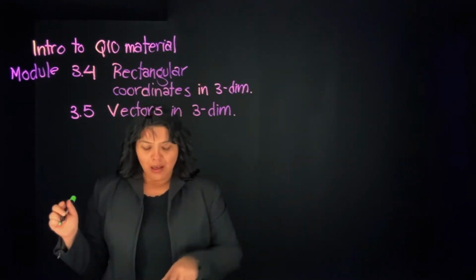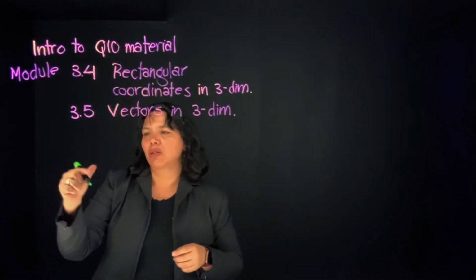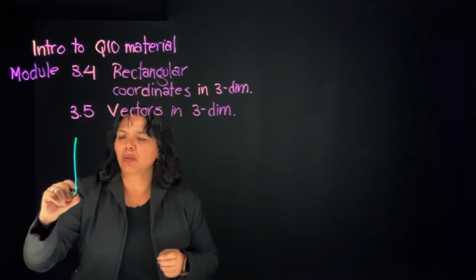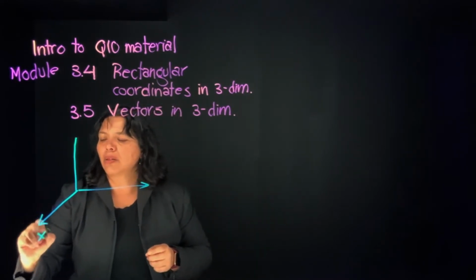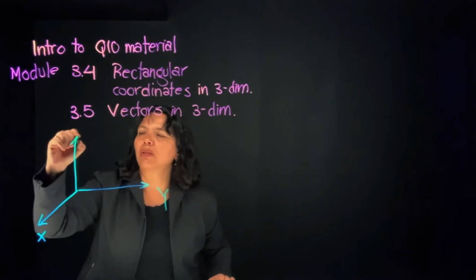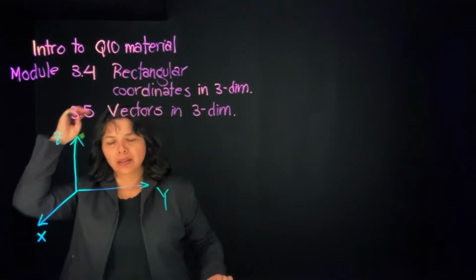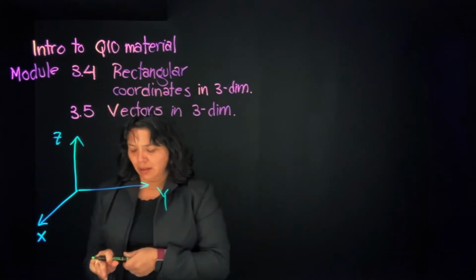So let me just tell you a little bit about graphing in 3 dimensions. Instead of R2, you are going to consider R3. One of your axes is going to be your X, the other one your Y, and the other one is going to represent your Z, or the last coordinate.